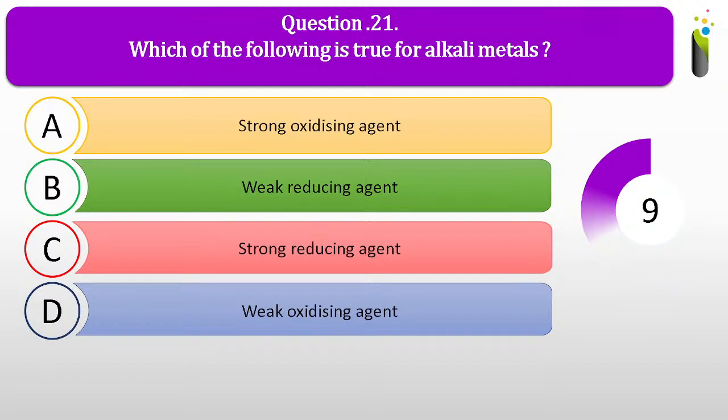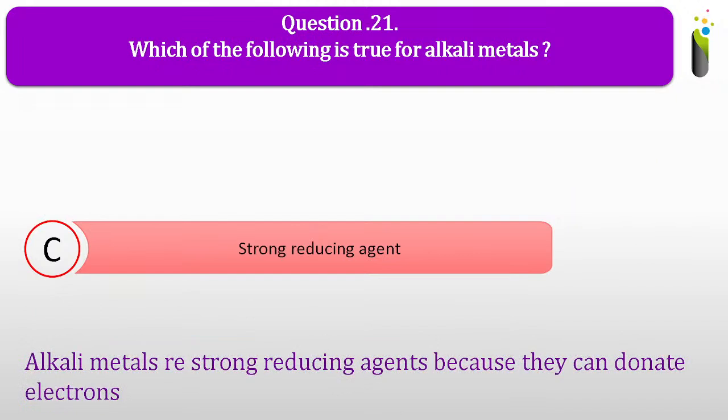And the correct answer for alkali metals, it's a strong reducing agent. Alkali metals are strong reducing agents because they can donate electrons.